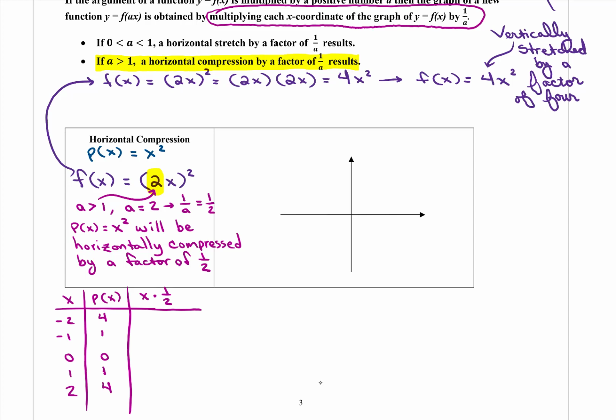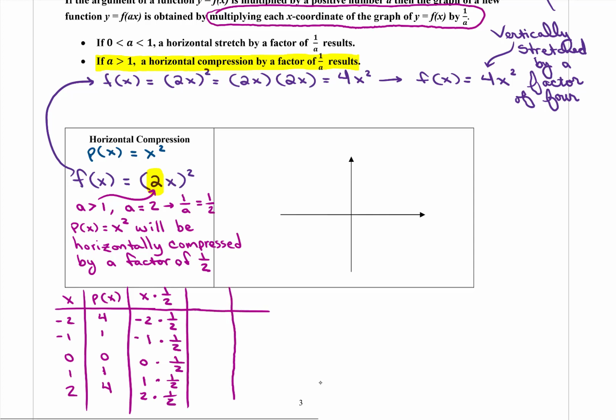Looking at the x coordinates, let's multiply each one of those by a half. So this is going to be -2 times a half, -1 times a half, 0 times a half, 1 times a half, and 2 times a half. That's going to give us our new x values.